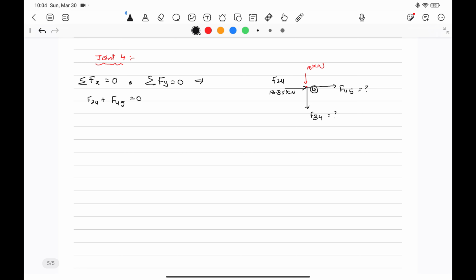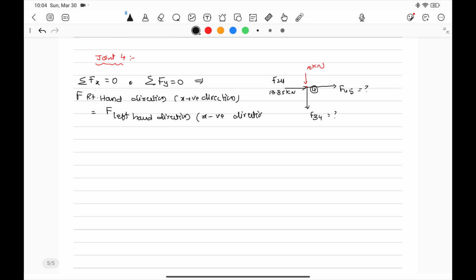Here we can be very clear. Like upward is equal to downward. Similarly, forces in the right hand direction or x positive direction are equal to forces towards the left hand direction or x negative direction.